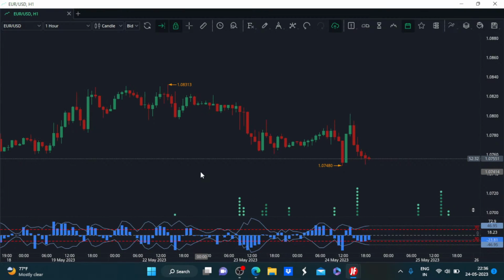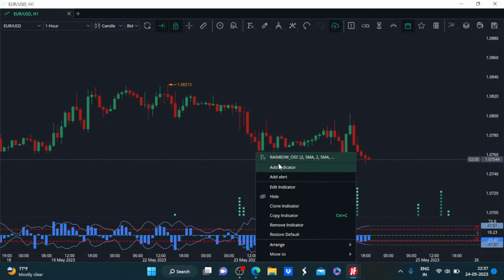So if you want to navigate smoothly with the help of the rainbow oscillator, to make your account also shine like a rainbow, you can utilize it to look for the optimum trade entry and exit points. So I have tried to explain this indicator to you in a simple manner.